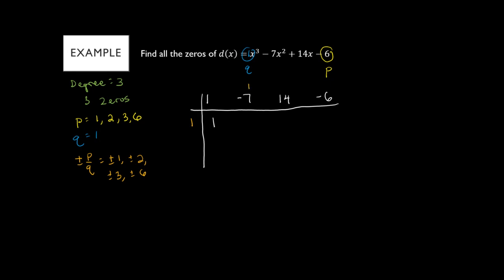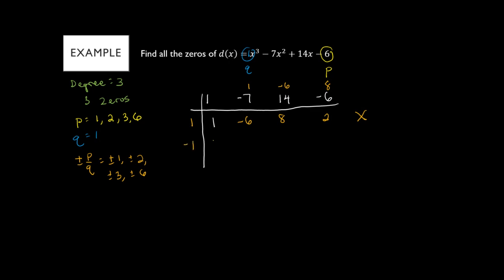So 1 times 1 is 1. 1 minus 7, -6. 1 times -6 is -6. 14, I believe that's 8. 1 times 8 is 8. 8 minus 6 is 2. Okay, so 1 is not a 0.